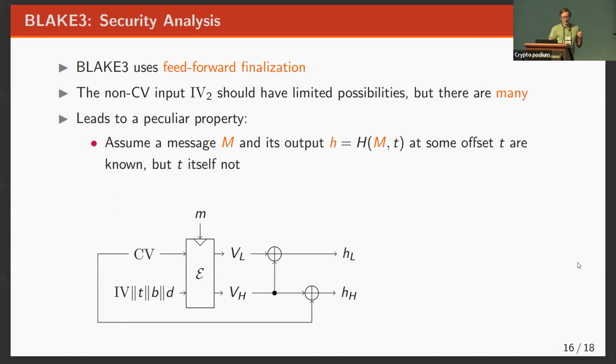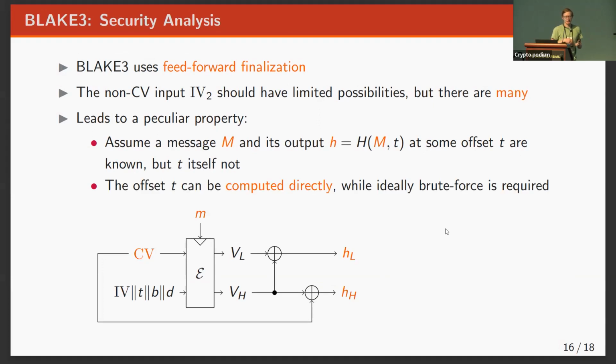Let's assume that we know a message M, its full message and its hash output at some offset T for the counter, but we do not know the counter itself. We can then compute this counter directly, while as ideal behavior, we would expect that we would have to try every possibility and make a query.